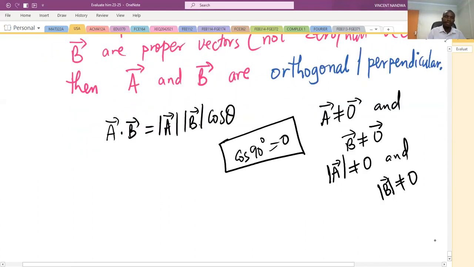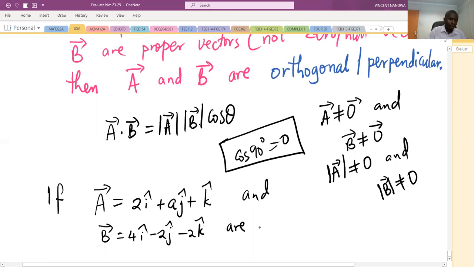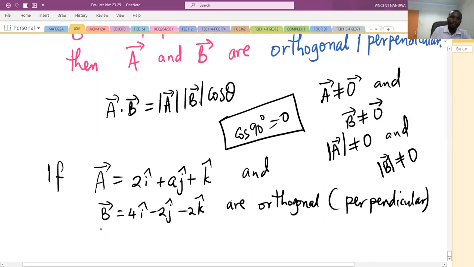So if A is given by 2i plus aj plus k, and B given by 4i minus 2j minus 2k are orthogonal or perpendicular, find the value of a.